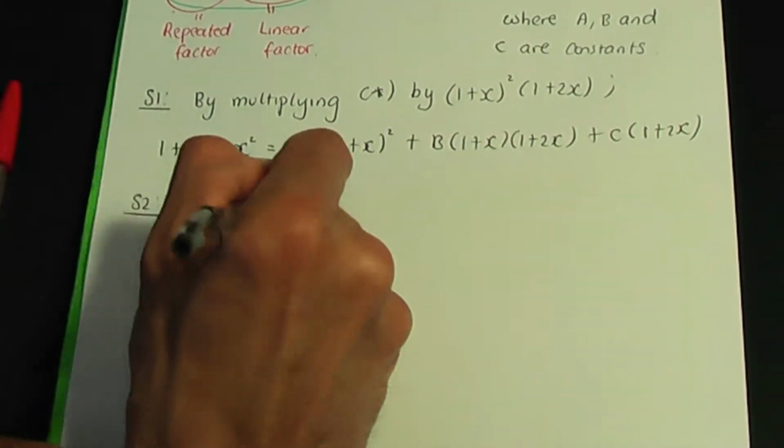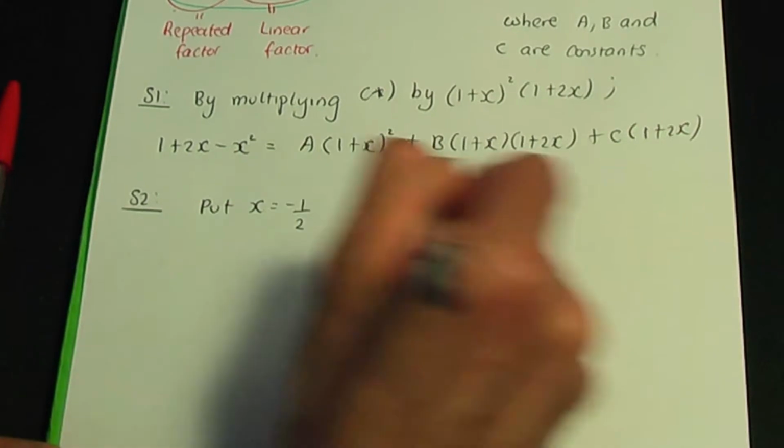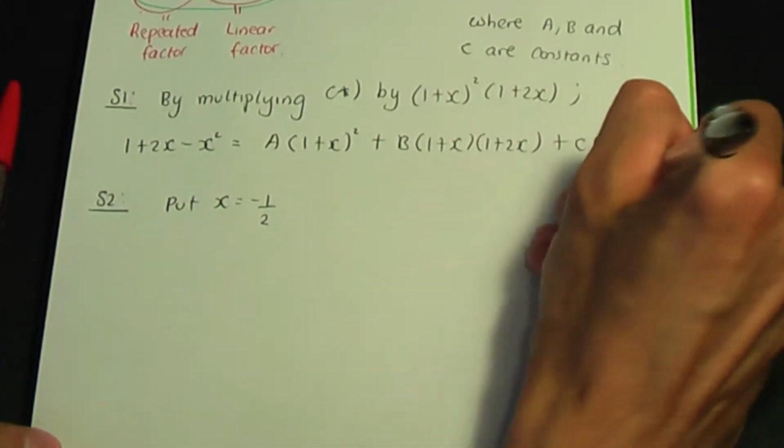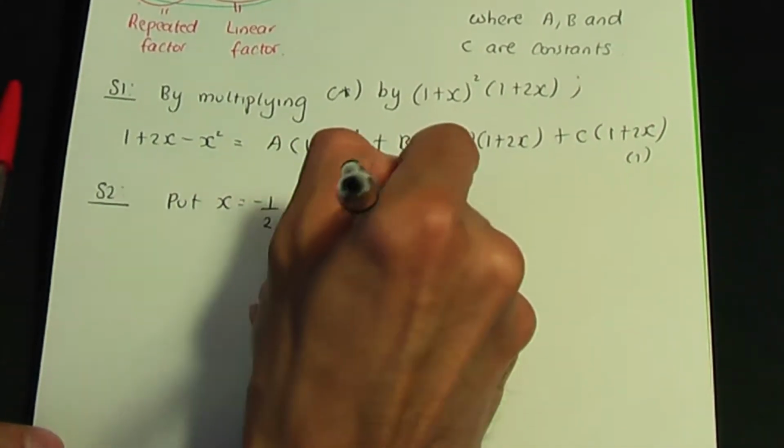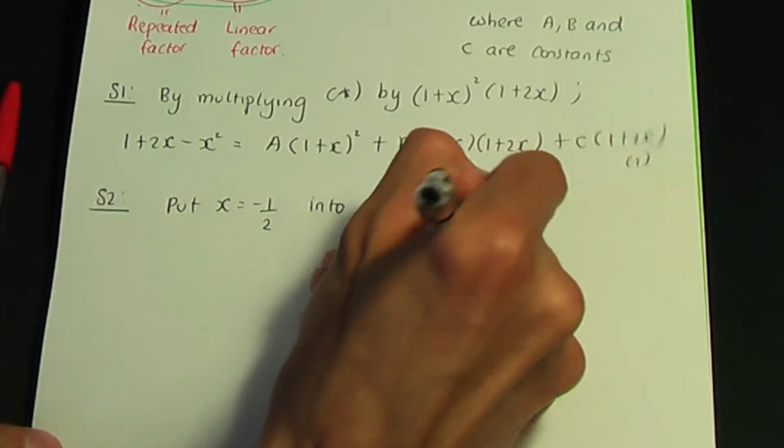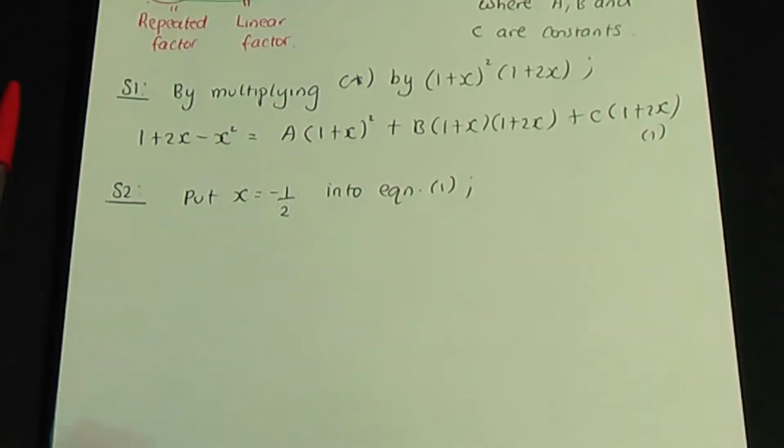So if I put x equal to minus half, and let me call that equation number 1, into equation number 1, let's see what we're going to have.